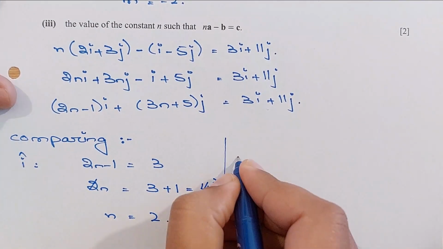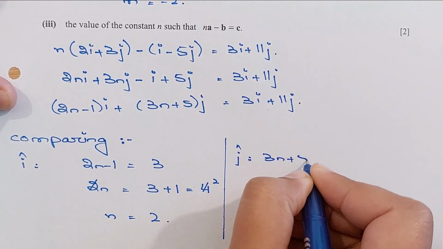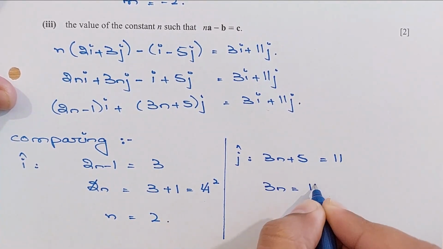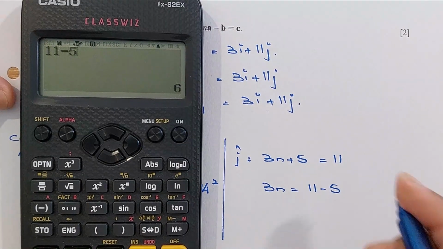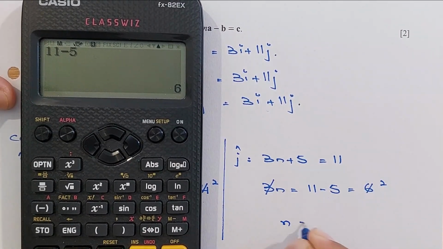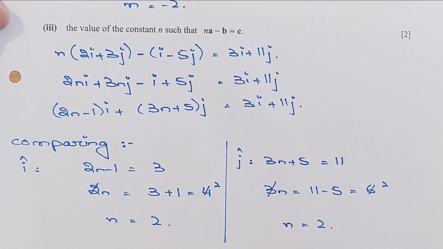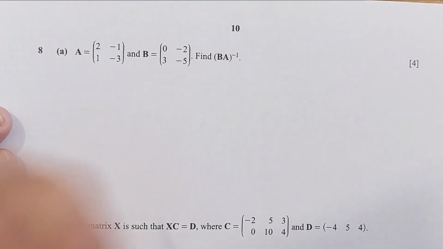Comparing the j unit vector, 3n plus 5 equals 11, 3n equals 11 minus 5, so 11 take away 5 is 6, and 3 times 2 equals 6, so n is 2. So from both we have got the same value for n, so the value of the constant n is equal to 2.